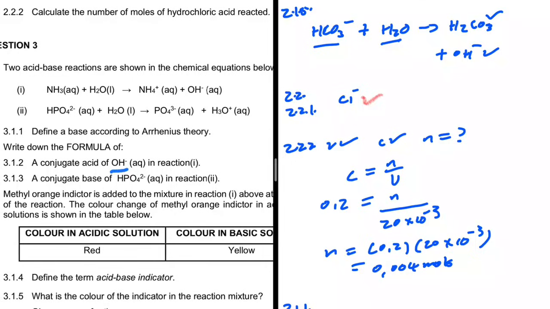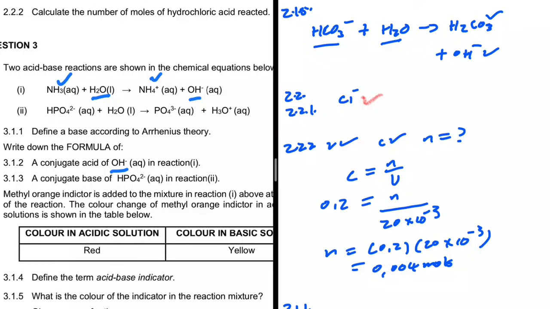Okay, so let's take a look. NH3 becomes NH4 plus. It accepts a proton. And then H2O becomes OH minus. It donates a proton. So the conjugate acid of OH minus is H2O. That OH minus is there because H2O has donated a proton.